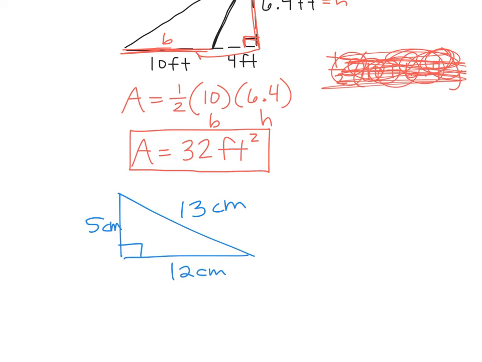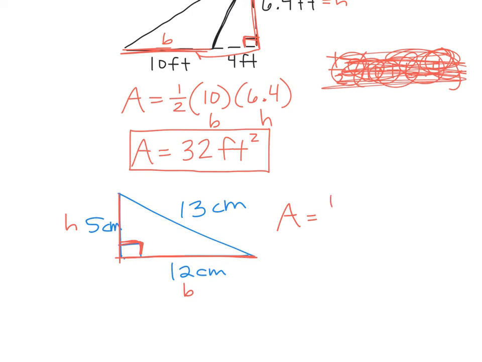What would the area of this triangle be? Or what are your base and height? Let's start there. What's your base? What's your height? Right. So you may use 5 and 12. Honestly, because they're perpendicular, it does not matter which one is your base and which one is your height. But you could say this is your base and this is your height, just because that's the places they usually are associated with.